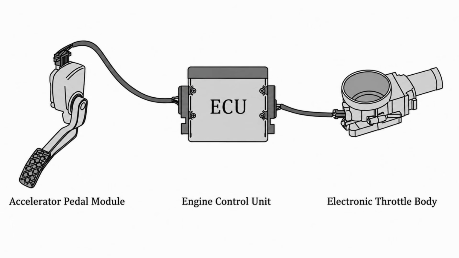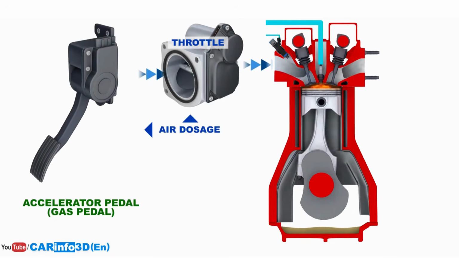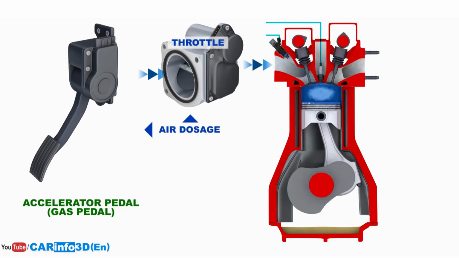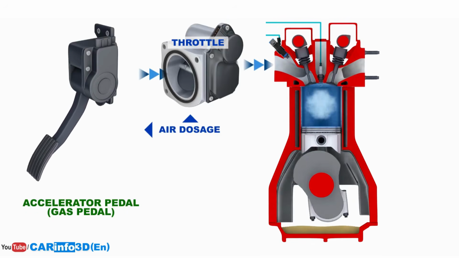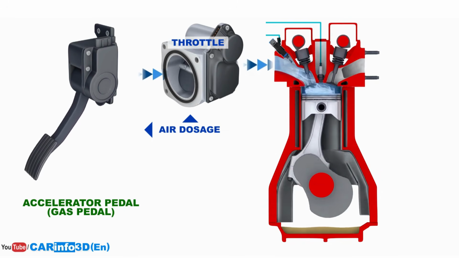Instead, the vehicle utilizes two electronic sensors: the accelerator pedal position sensor, which measures the distance the accelerator pedal is being pressed, and the throttle position sensor, which measures the actual opening angle of the throttle plate. The PCM constantly compares these two signals and uses them to determine exactly how much the throttle should open, allowing the correct amount of air into the engine.